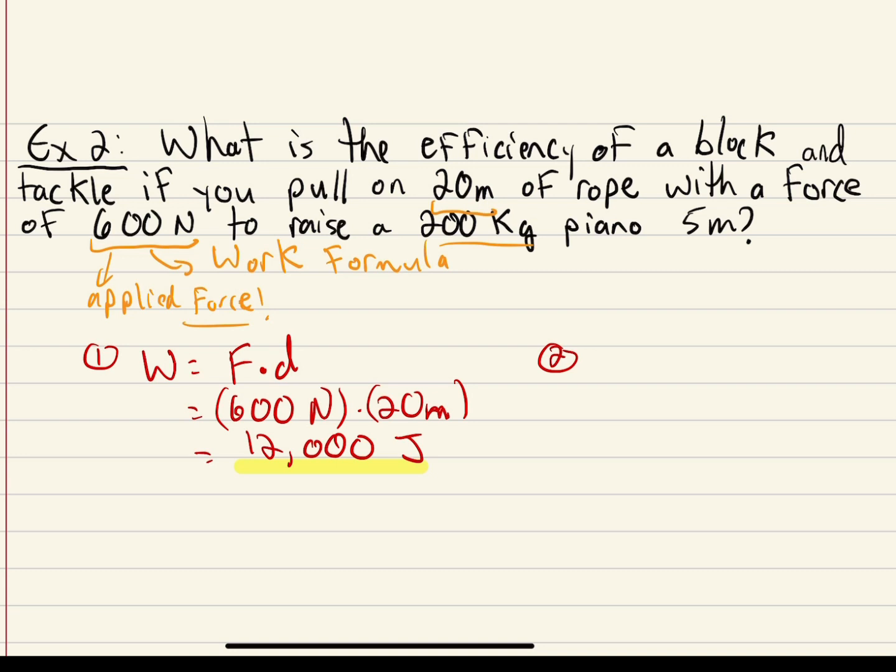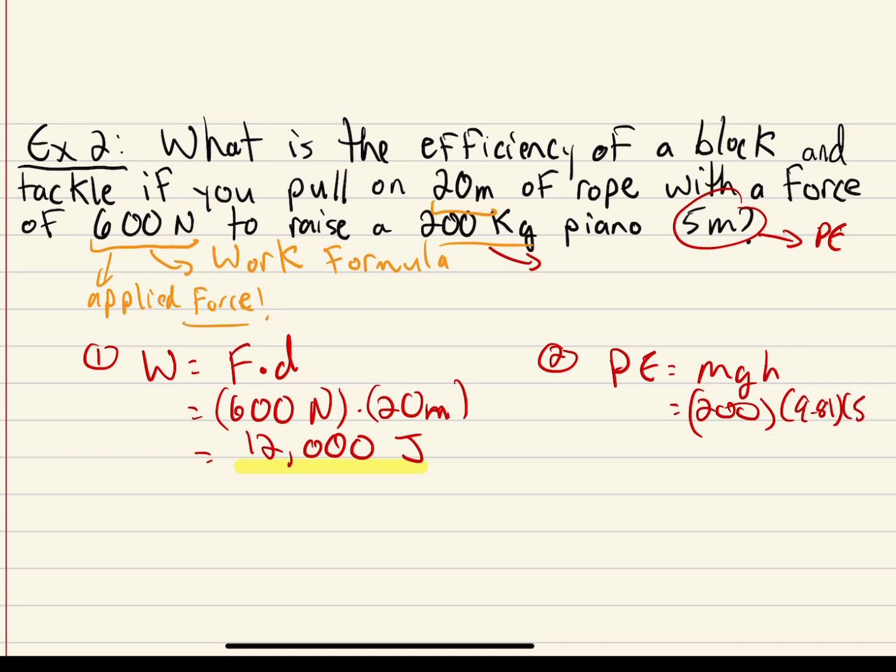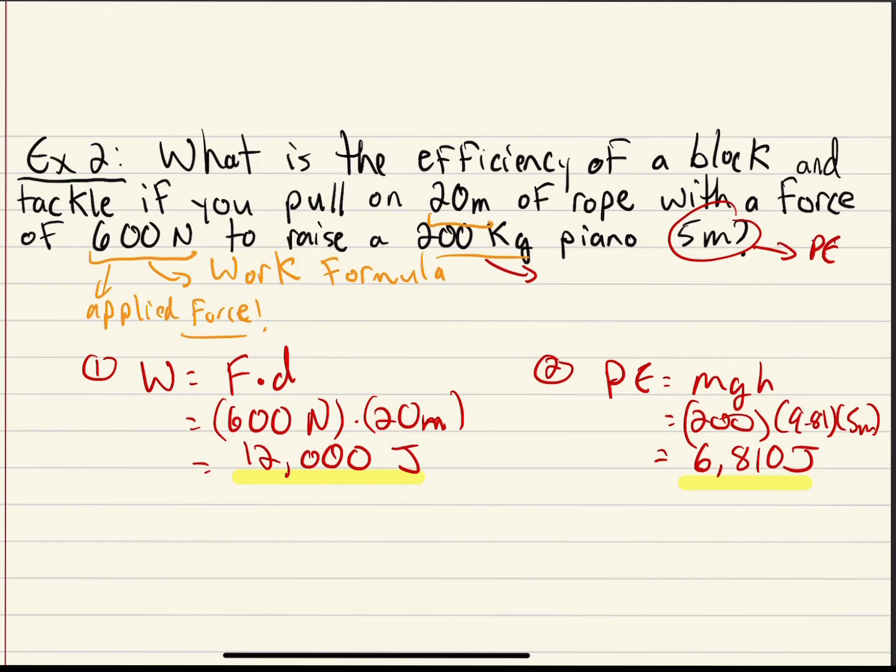So what we're going to do is, because I'm given the mass of the piano and a height, I can actually find the potential energy as my second source of joules. So we go PE is equal to mgh, which is then equal to 200 multiplied by 9.81 multiplied by 5 meters.